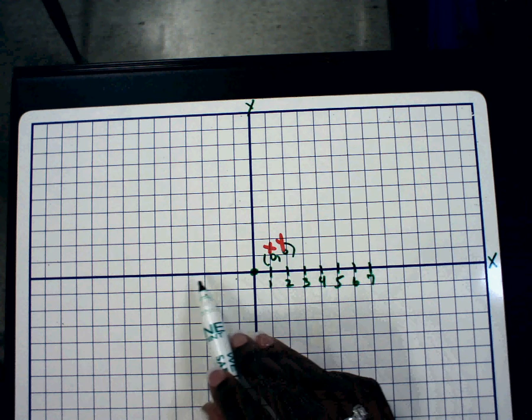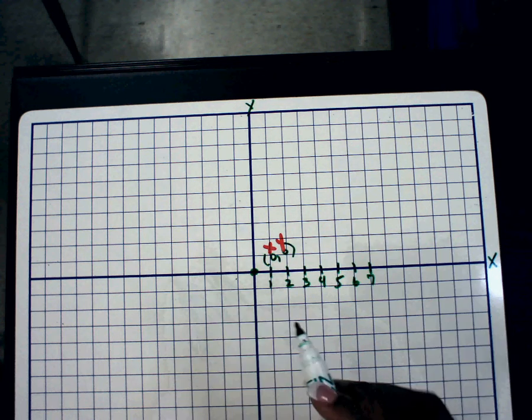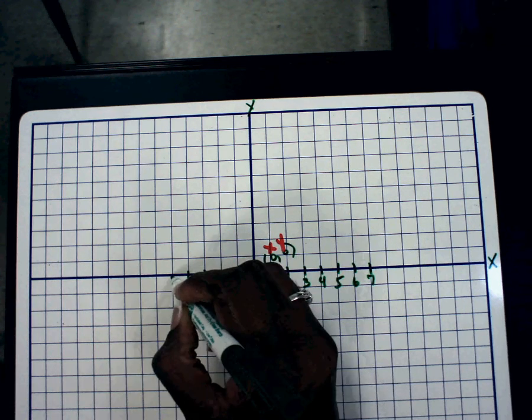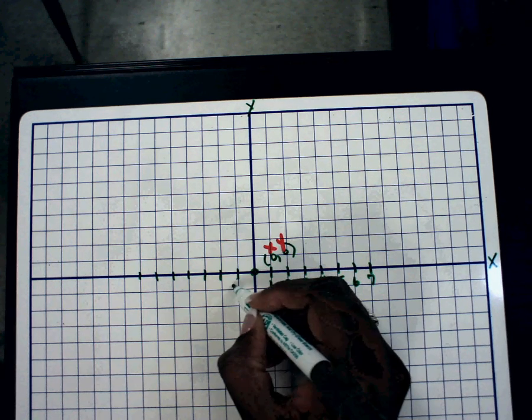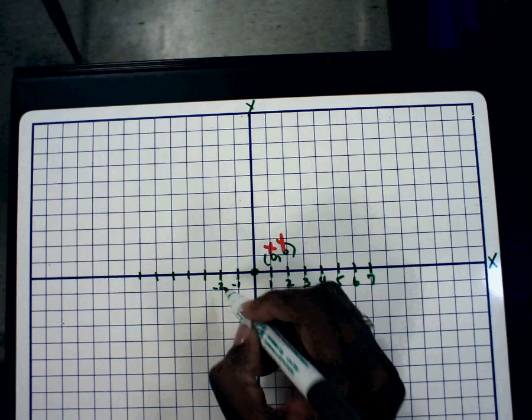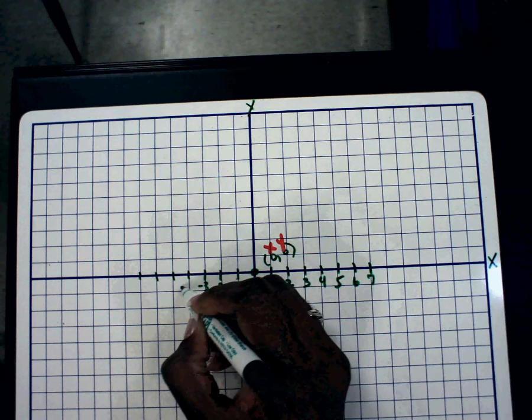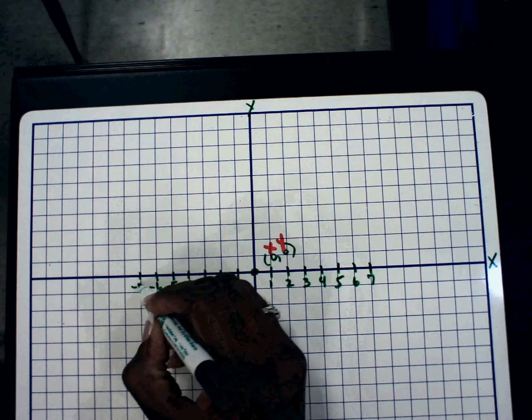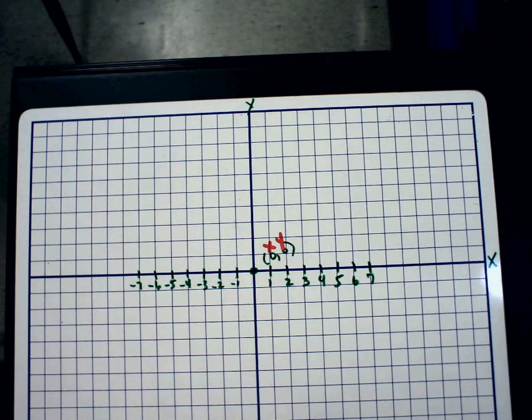Now we're going to go on the other side of the origin and label our negative numbers: -1, -2, -3, -4, -5, -6, and -7.